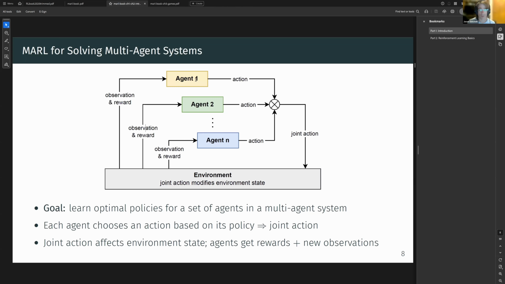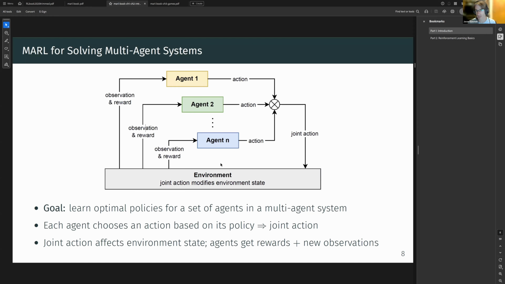The way most of the problems were structured in the book is that one step consists of every agent being allowed to take an action. So we have to wait until every agent takes its action. Then all of those actions are concatenated together into this joint action, which the environment uses to update the state.